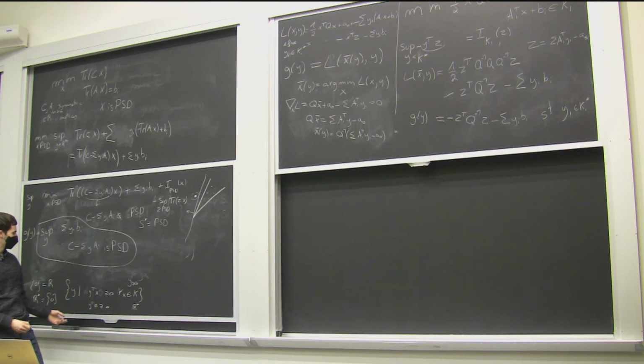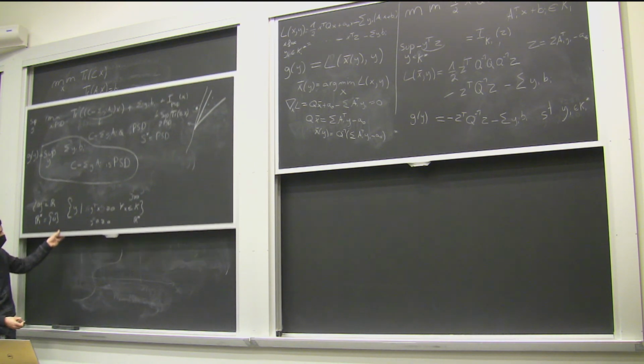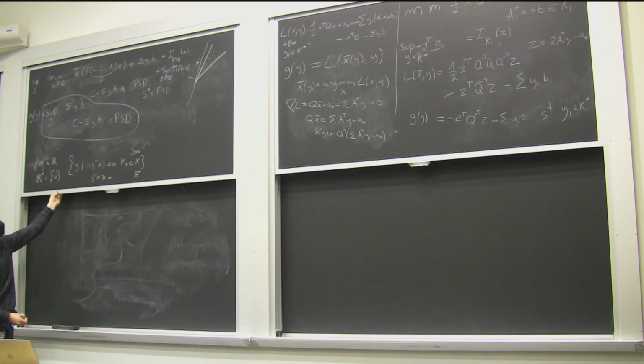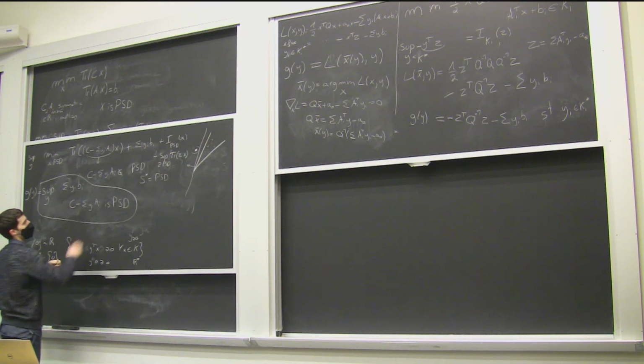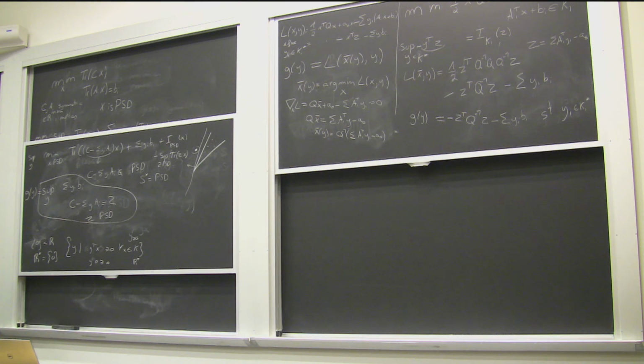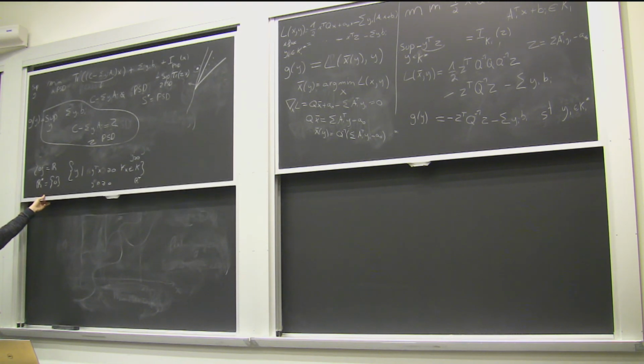And in fact, what you would have also found is that the dual would have been this equal to z, and z is PSD, which is equivalent. It's just that you introduce a new variable z. But this is a good transition because I was going to introduce z.